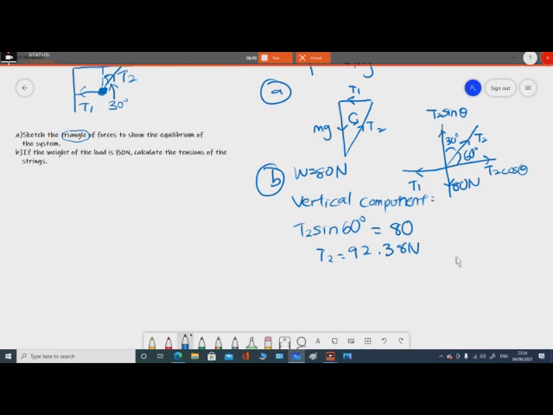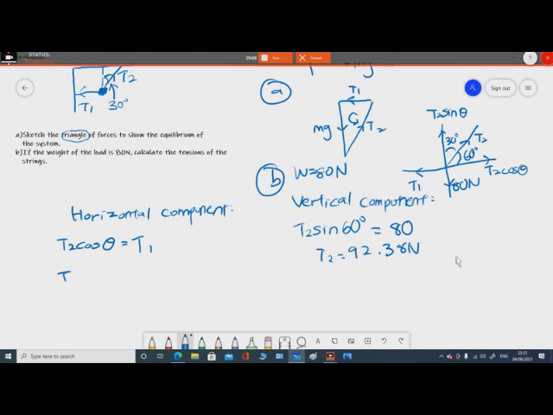As for the horizontal component, let me write it here. For the horizontal component, we have T2 cos theta. If it is in equilibrium, T2 cos theta equals T1.